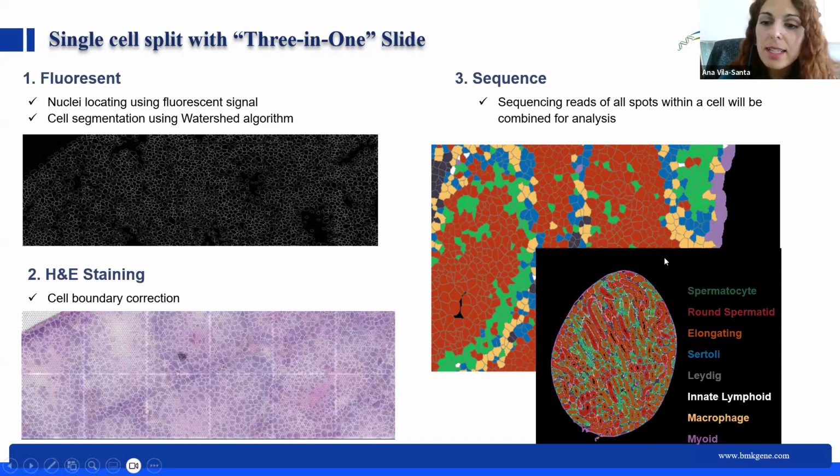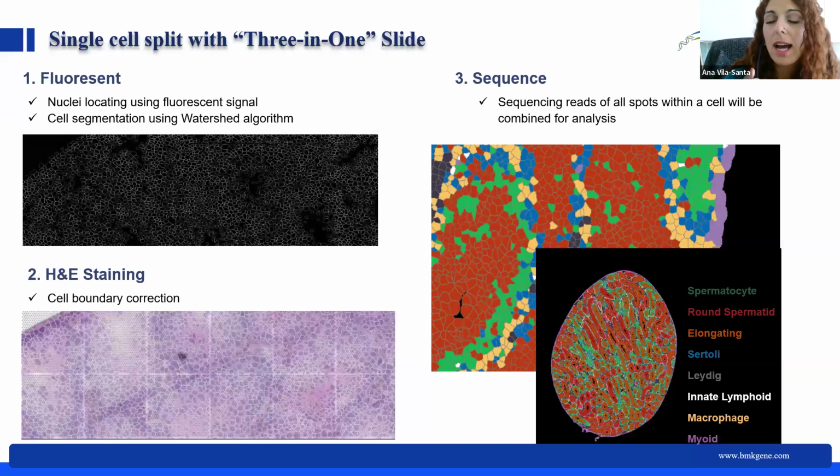So in the end, this means that we get an image just like this one that you can see on the bottom corner. This is an example of a testis sample. And as you can see, the cell boundaries are clearly defined, and this means that we can then cluster the different cell types within the testis.